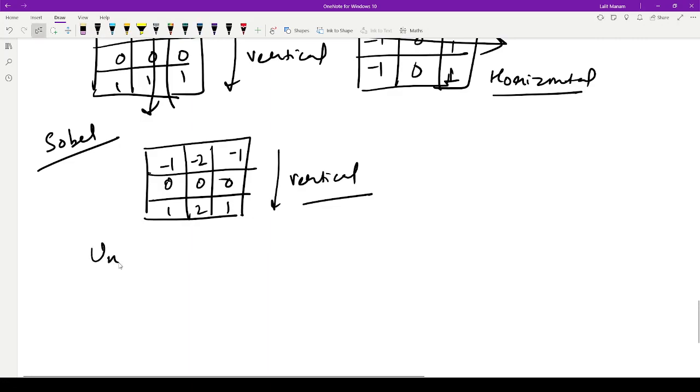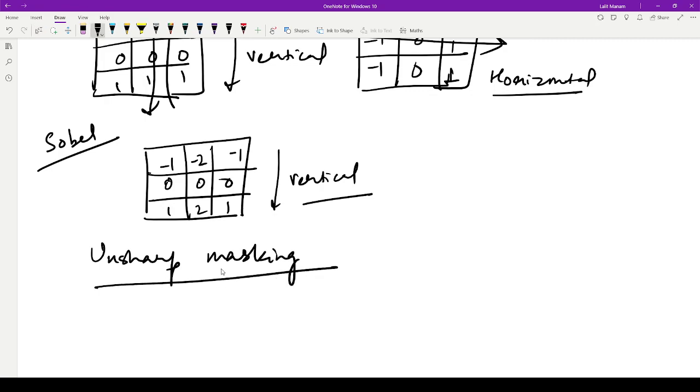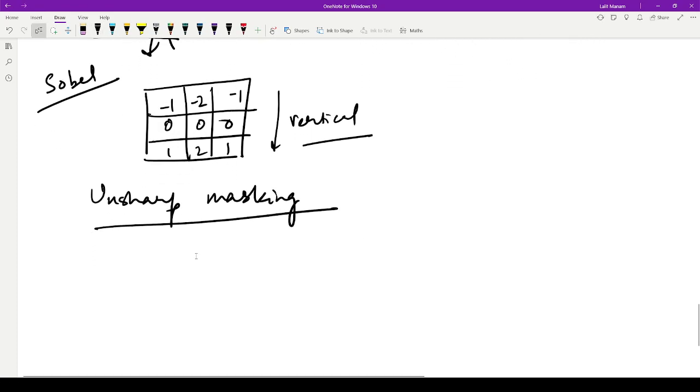We'll move on to unsharp masking. What do you do in unsharp masking? What's the core idea? Of course, now someone can enumerate the steps, which is fine, but what is the core idea? Removing the smooth part of the image from the original image, so where the edges can be obtained.